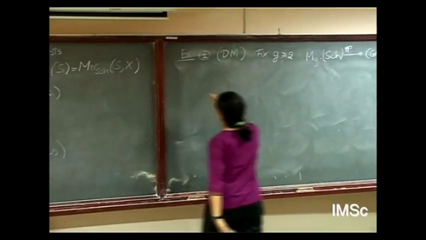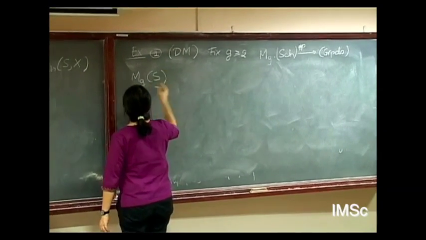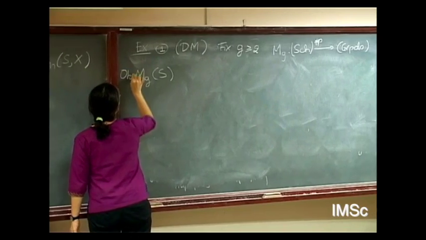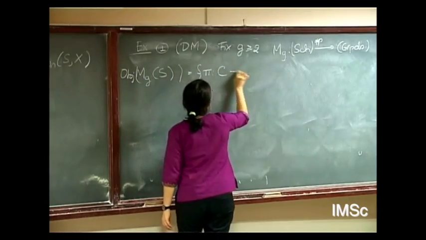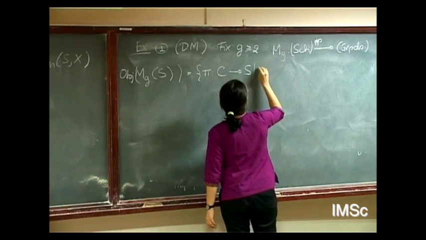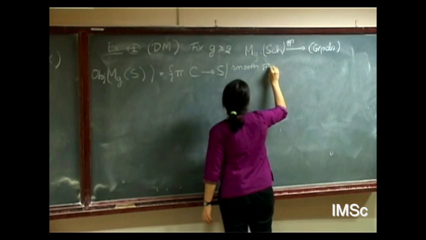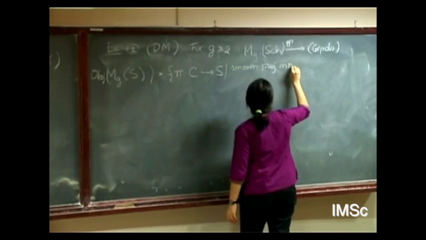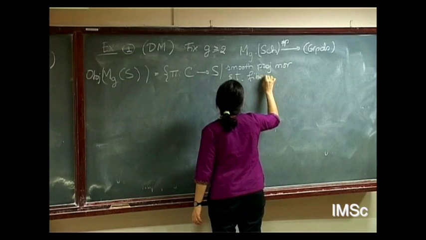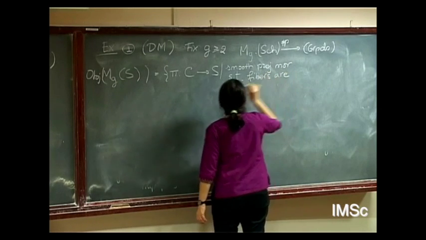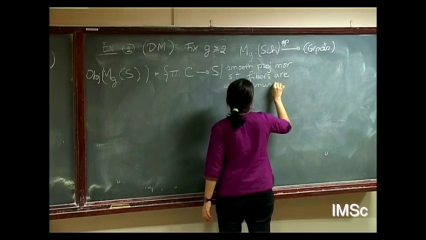So what do I say? I say that M_g of S, so I have to give you a groupoid. The objects are phi from C to S, smooth projective morphism such that the fibers are connected genus g curves.